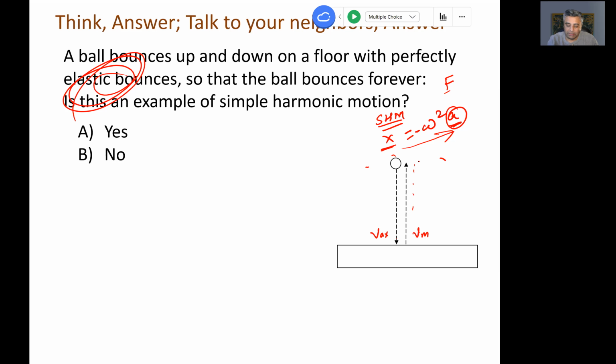So force, or another way to look at it, is something like this. It happens in a case like this. Force is negative k times x. Remember, that's the spring force, right? So x and F have to be always in opposite direction.